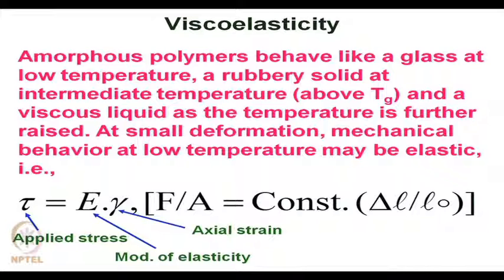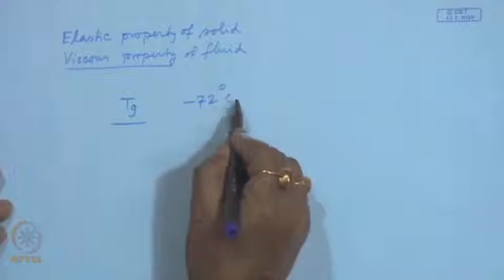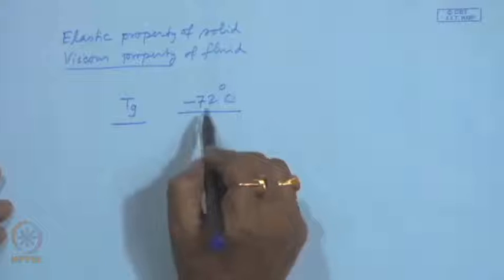That happens due to the reason that this polymer, the ball made of rubber, goes below its glass transition temperature. Tg of natural rubber is around -72 degrees Celsius, and liquid nitrogen temperature is much below that.